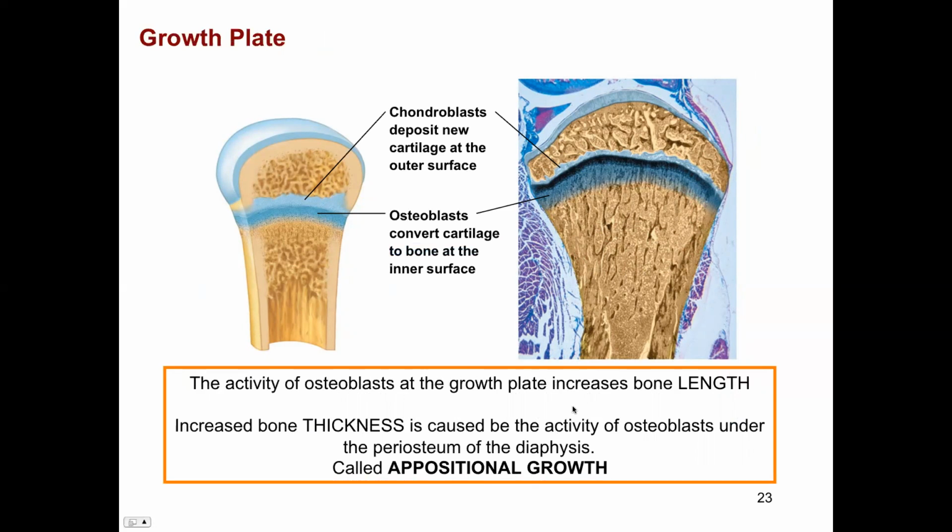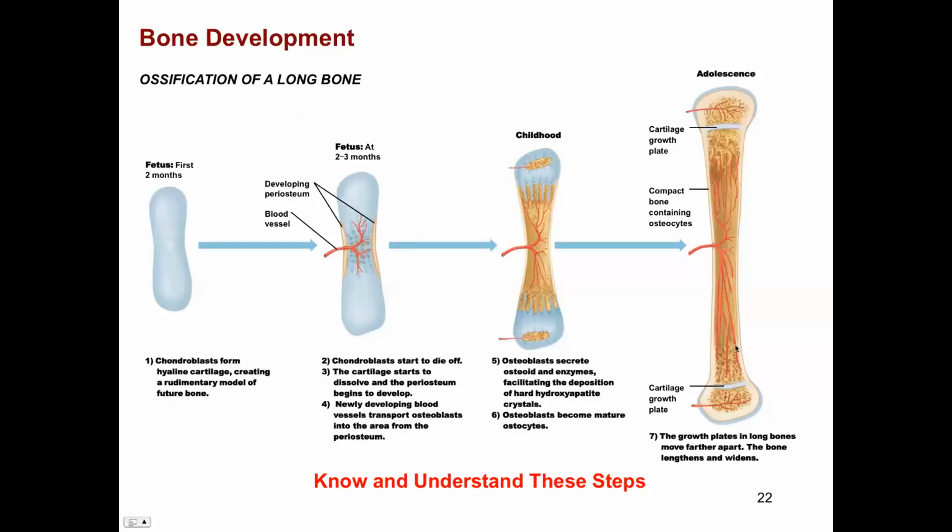It has to do with the cooperation of osteoblasts and osteoclasts along the diaphysis of this bone. Obviously this cartilage is going to get wider as the bone gets thicker, but appositional growth is what gets this part wider, and the growth plates allow the bone to get longer.